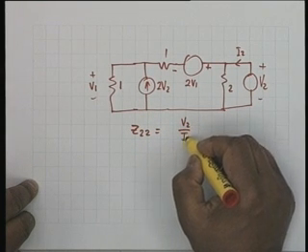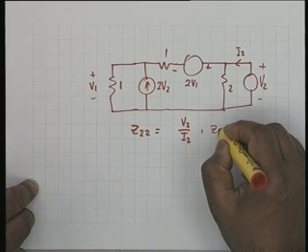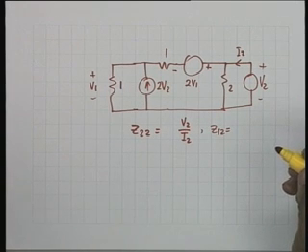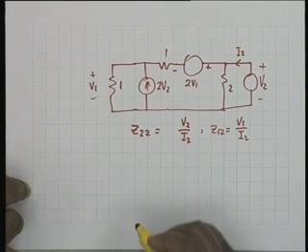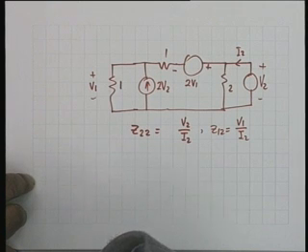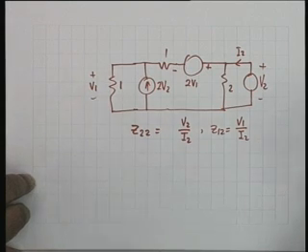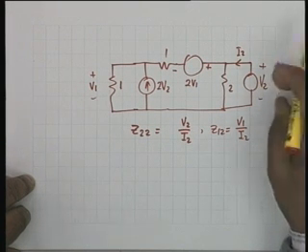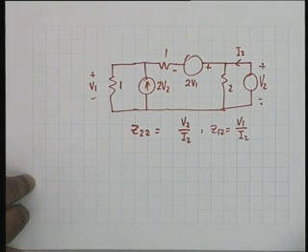by I2, and Z12 is equal to V1 divided by I2. It does not matter. I have not shown whether it is a voltage source or current source. It could be current source, it could be voltage source. All that matters is this is V2, this voltage, and the current drawn is I2.